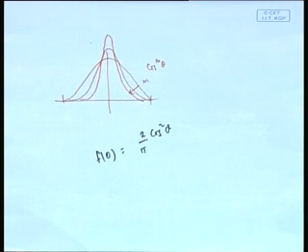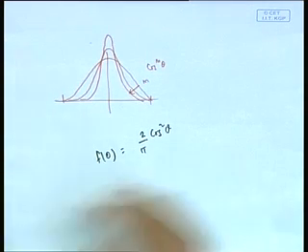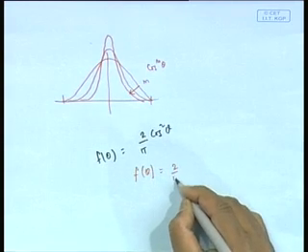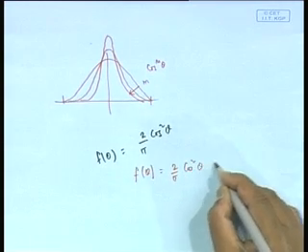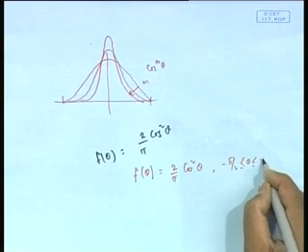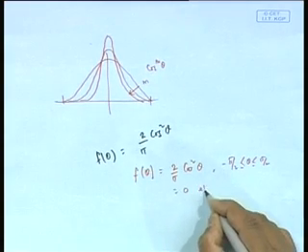Let me answer your question: we write it this way, for minus pi by 2 to plus pi by 2, and equal to 0 otherwise.